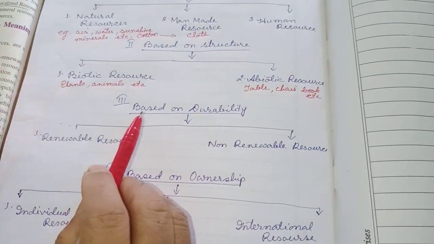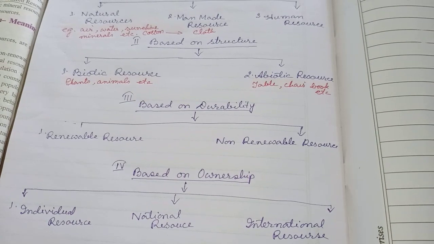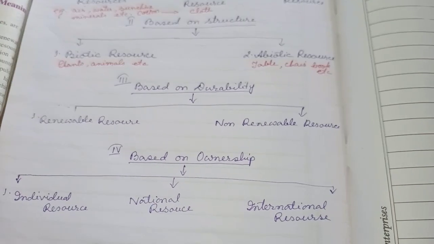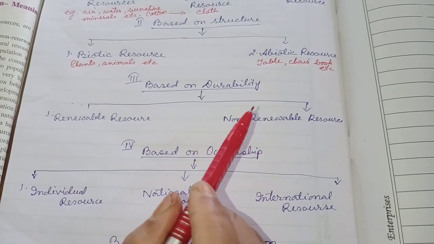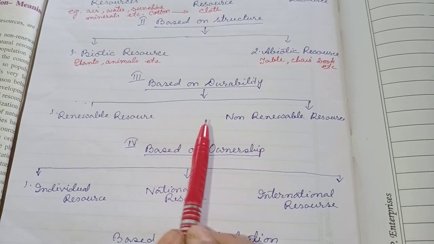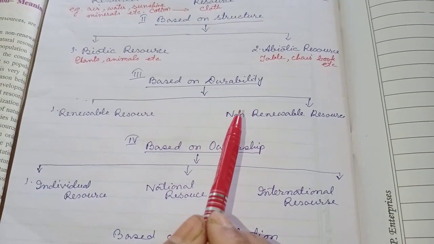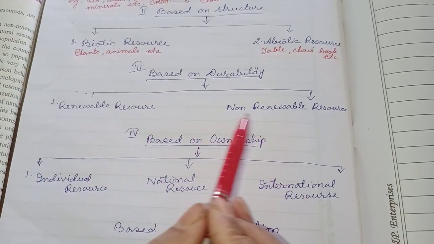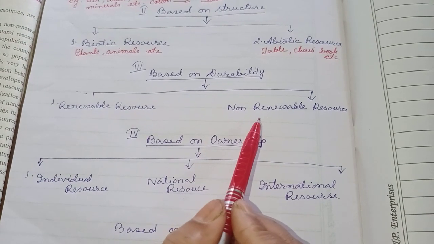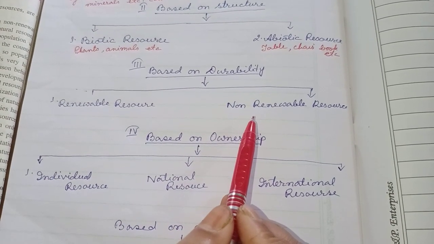Now based on durability. Durability means how long the thing will last. Based on durability, natural resources can be divided into two parts: renewable resource and non-renewable resource.